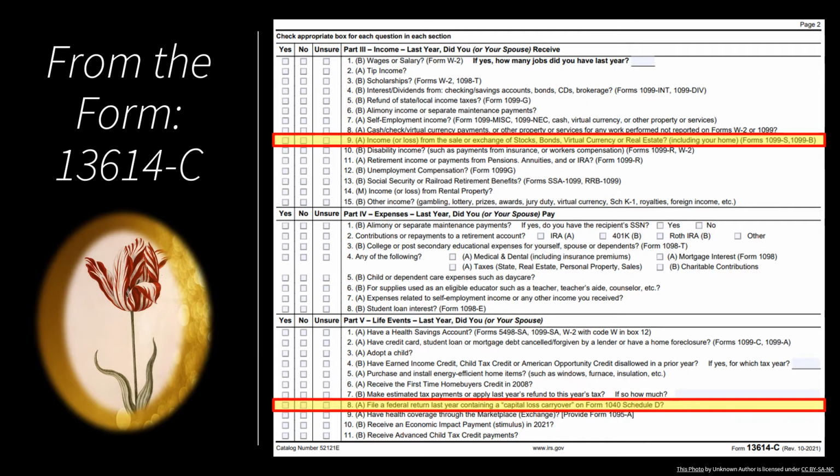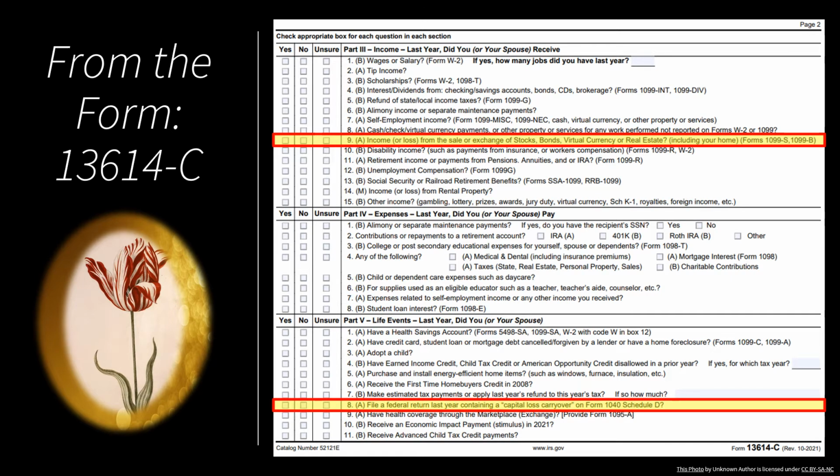In the areas that we're going to be looking for on the Form 13614-C, our intake form, under that income section, Question 9 asks if there was income or a loss from the sale or exchange of stocks, bonds, virtual currency, or real estate, including your home. And these clients might come in with informational forms 1099-S or 1099-B.